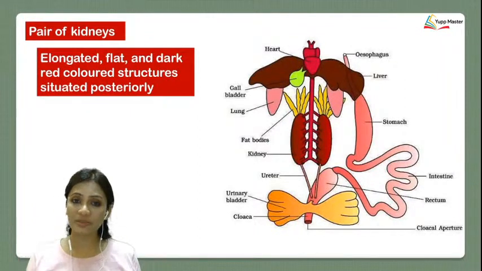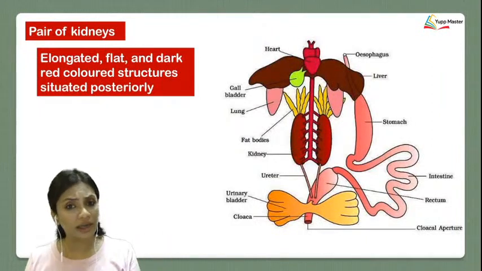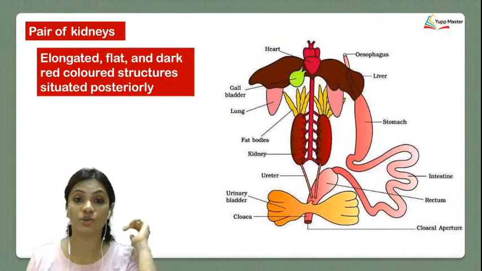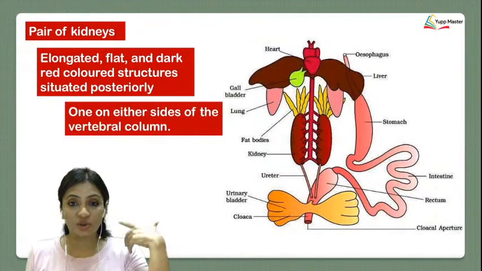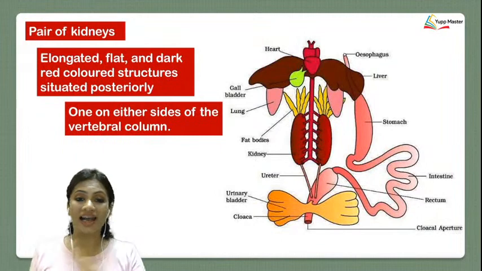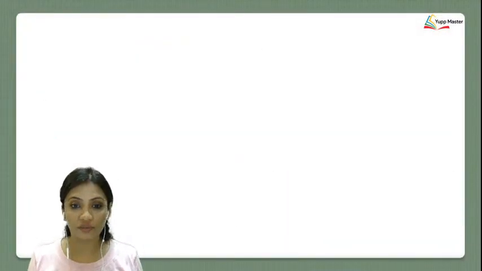All right, so these pair of kidneys, they are elongated, they are flat, they are dark red colored structures, and they are situated posteriorly. We also see, just like I told you a little while back, that they are found on either sides of the vertebral column.